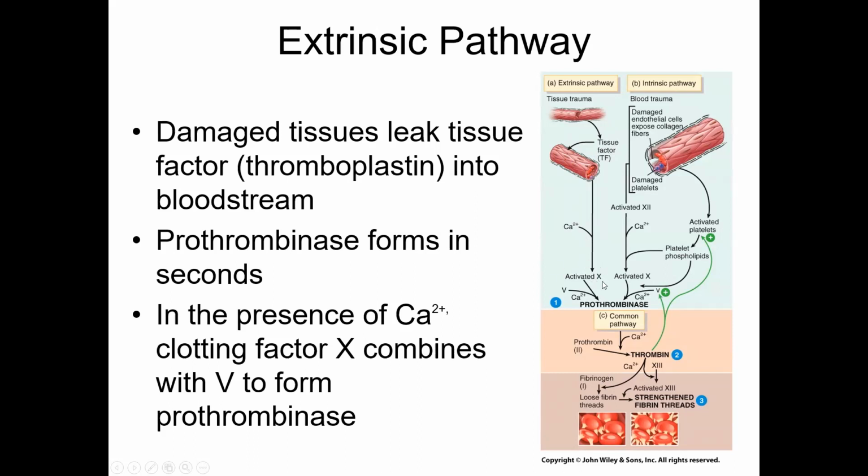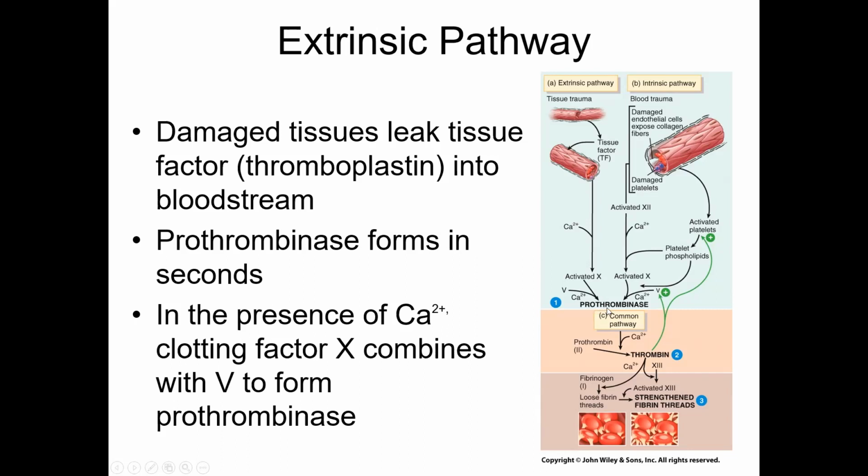And inside the blood, here's one clotting factor, number 10, and another clotting factor, number 5, will be brought together with calcium to form prothrombinase. So these combined factors form prothrombinase.